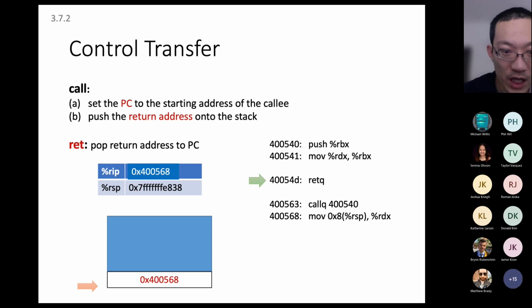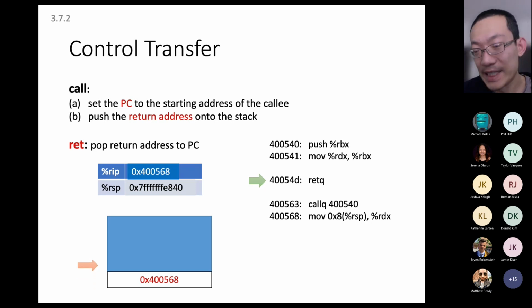So you can see the callee can go to the stack, find the return address, which is 400568, and then pop this return address to initialize RIP, the instruction pointer. By doing so, we find where we should return to. And at the same time, we no longer need the return address. What do we do? We delete it.